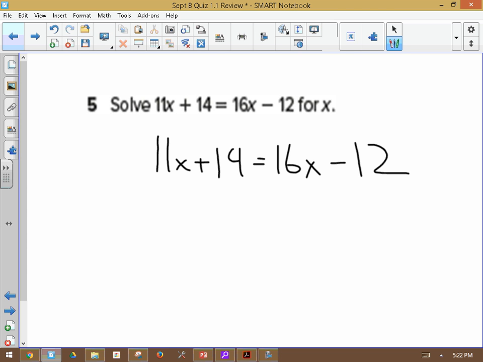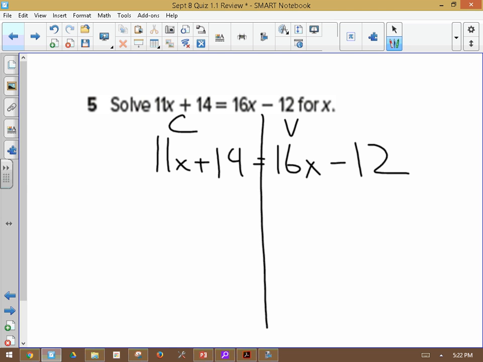So all we really need to do is collect like terms and solve. So once again, our variable side will be on the left because 16x is more than 11x. This will be our constant side.